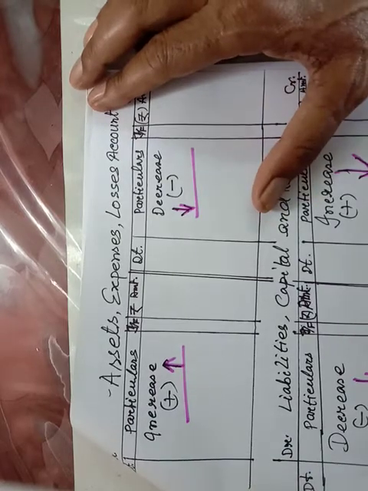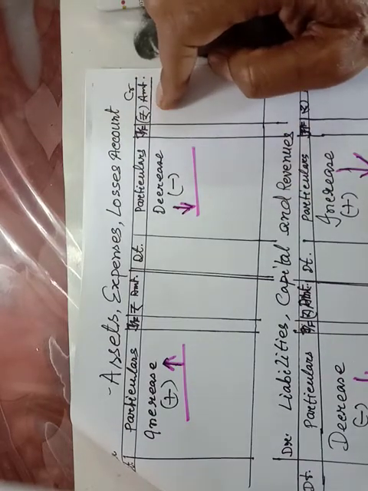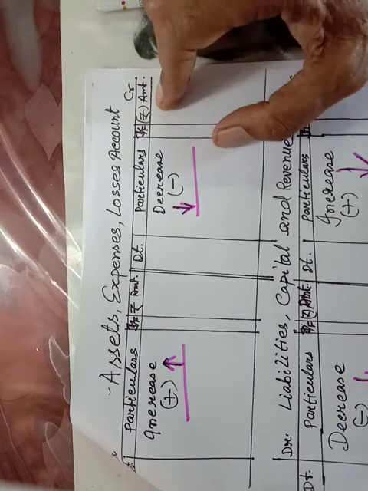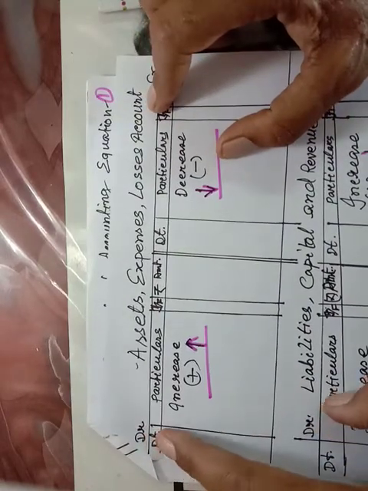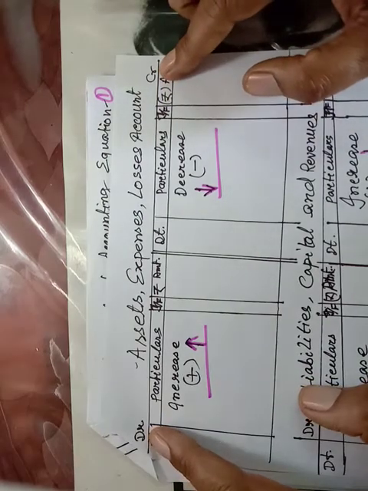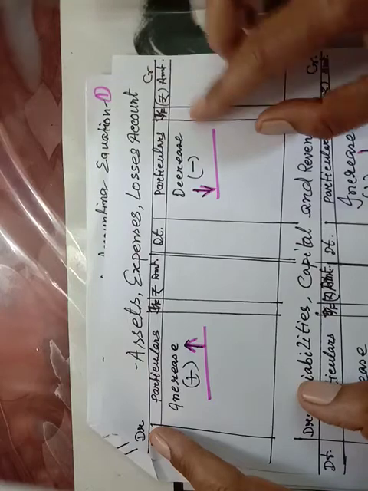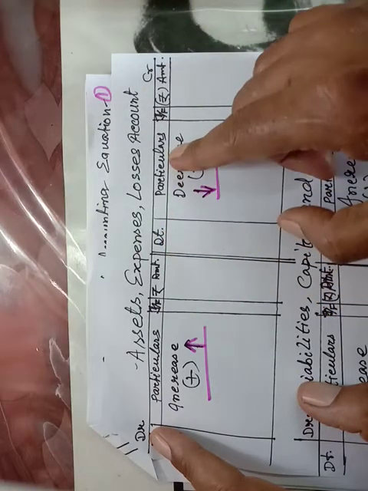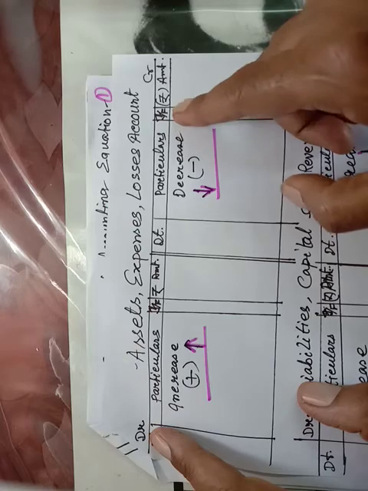An account is meant for one nature of transactions taken place during a month or a year. On the left hand side at the top corner you write debit, and on the right hand side top corner you write credit, then date, particulars, JF, journal folio, the journal page number, which will come later. So this is the format.